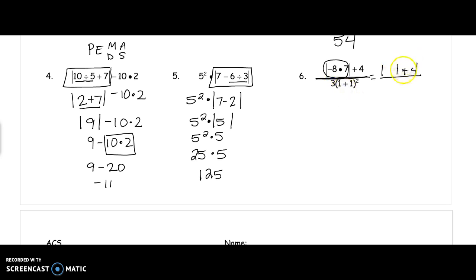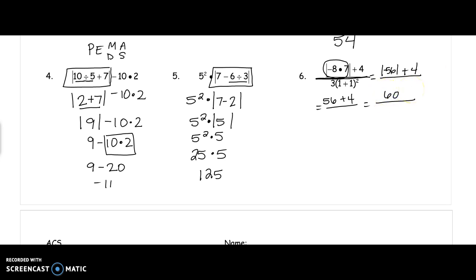And negative 8 times 7 is negative 56. Then I'm going to bring down my bar because we're going to take the absolute value of negative 56, which is a positive 56 plus 4. We're not completely simplified, so we got to keep going. And 56 plus 4 is 60.